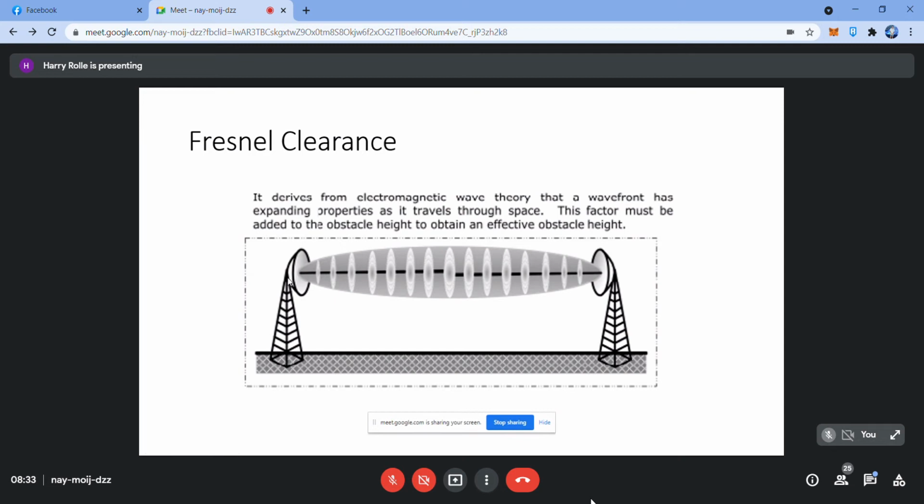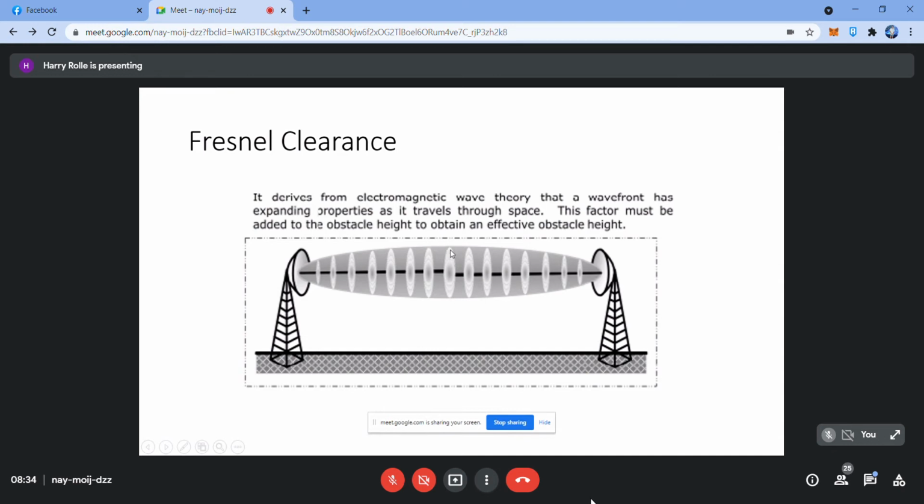Sa wave theory natin, yung wavefront, electromagnetic wavefront na tinatawag, as the signal travels, yung signal natin nagdi-disperse or kumakalat. As you can see here, the signal from the transmitter going to the receiver got a little bit bigger yung area niya until midpoint.